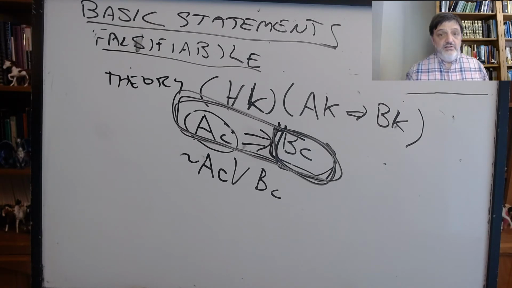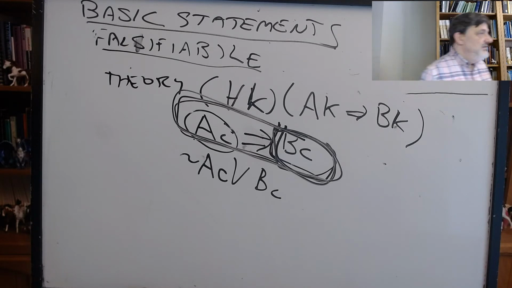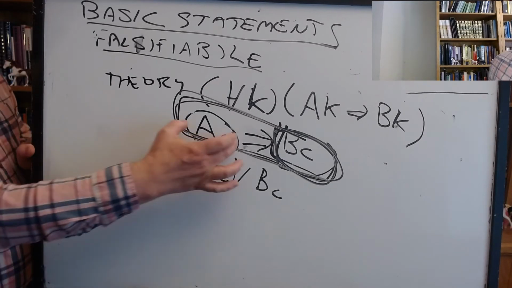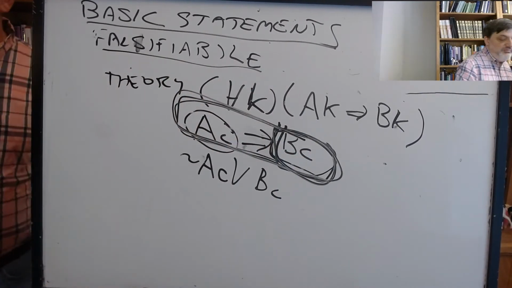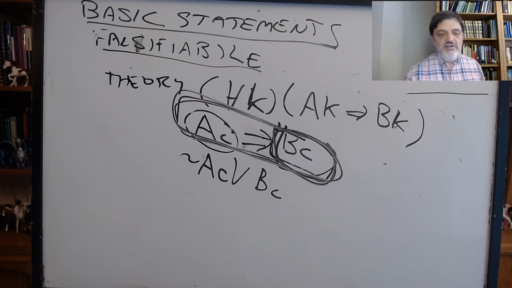But in general, the theory, if it's empirical, implies basic statements given some other basic statements, the initial conditions. So, given the initial conditions, this theory implies the statement B of C: there's something white at C.